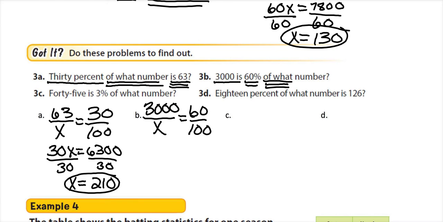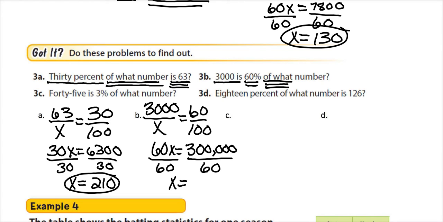All right, so in this case we'll have 60x. And then we're going to add the two zeros on, so that will make it 300,000. Divide that by 60. And then that comes out to 5,000.